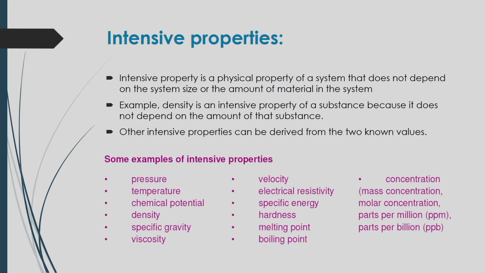Now, this can be explained with an example like density is an intensive property of a substance because it does not depend on the amount of that substance. Other intensive properties can be derived from the known values.